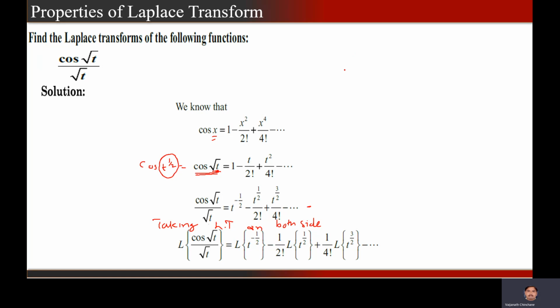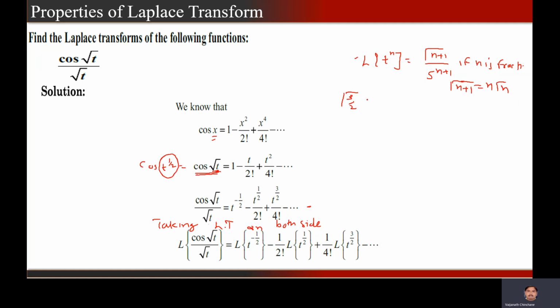And again remember, Laplace of t raised to n is equal to gamma of n plus 1 upon s raised to n plus 1, if n is fractional, right? And remember another thing, the formula gamma of n plus 1 equals n gamma n. This is the property of the gamma function.